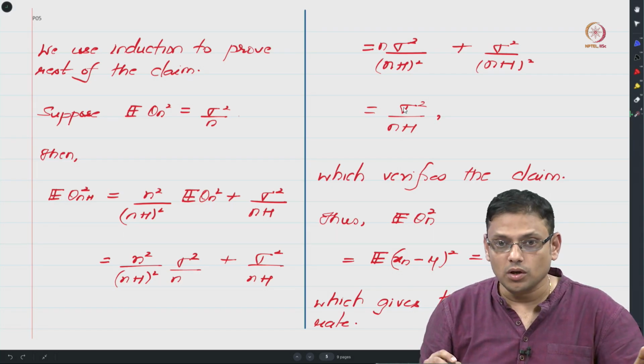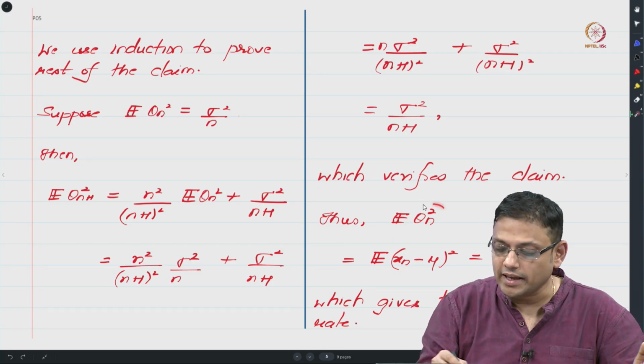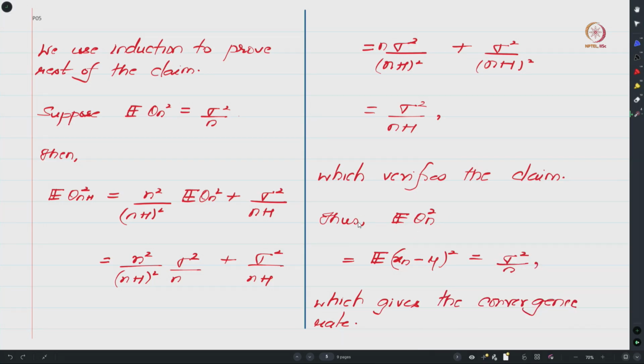So now if we try to summarize, one can see that expected theta n square is the squared error, and this is sigma square over n, which tells us the rate at which the squared error converges. So the squared error converges at the rate of 1 over n, which means when you have n samples, the error, at least for this basic algorithm, will at most be sigma square over n.